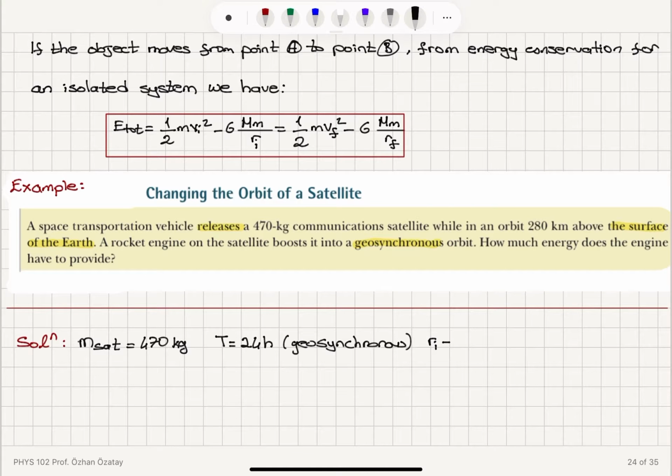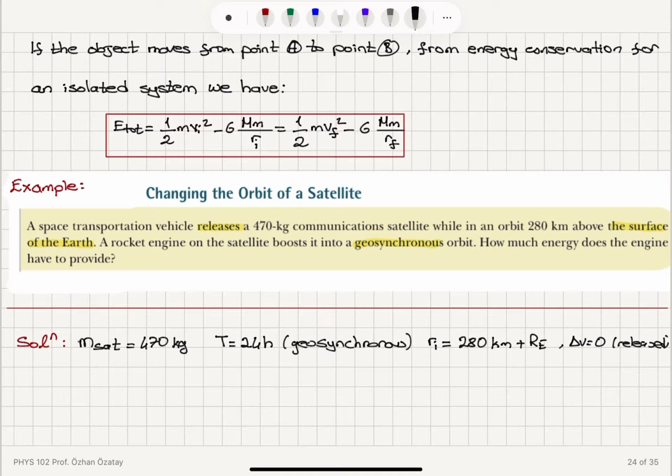The initial orbit is at 280 kilometers above the surface, so 280 kilometers plus the radius of the Earth, which is 6,370 kilometers. So this object is released while in this orbit, so it's basically going to have no change in the speed while it's being released.